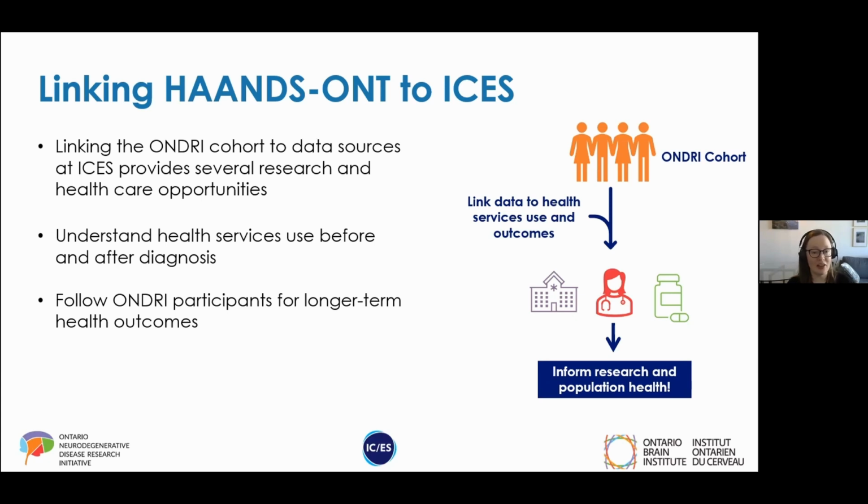So by looking at the health administrative data, we can understand what someone's comorbidities or prior healthcare use was prior to their dementia, and we can also follow them longer term to understand how they interact with the healthcare system and whether, for instance, they're admitted to a long-term care home.